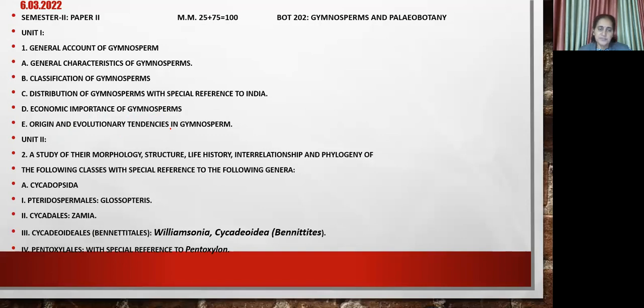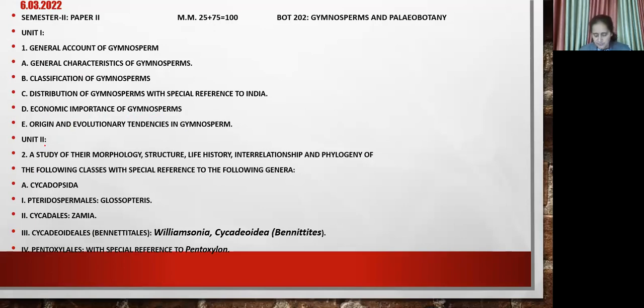Origin and evolutionary tendencies in gymnosperm. So all these 5 chapters consist of the general account of gymnosperms. This is all about unit 1.